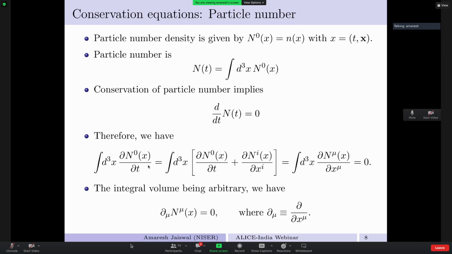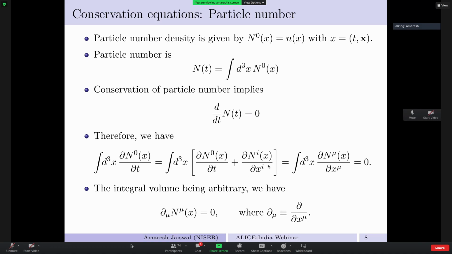This is a partial derivative, to which I can add a total divergence term, the derivative of n i with respect to x i. Remember, the integral is over x. I can always add a surface term, because physical quantities have to vanish at the surface, since beyond the surface there is no system.